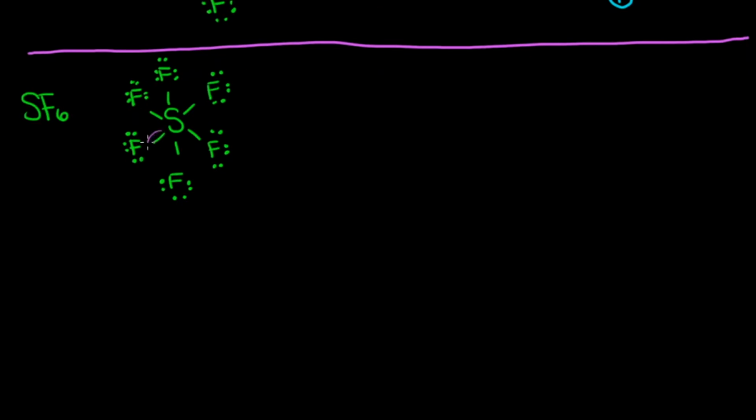Let's count up our domains. 1, 2, 3, 4, 5, 6. 6-domain family. This time, all 6 of them are bonded. And so, let's draw our central sulfur with our 4 90-degree equatorial guys.